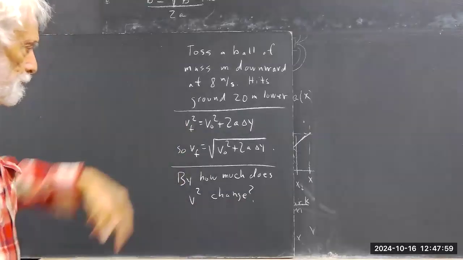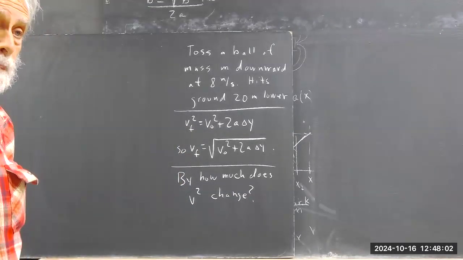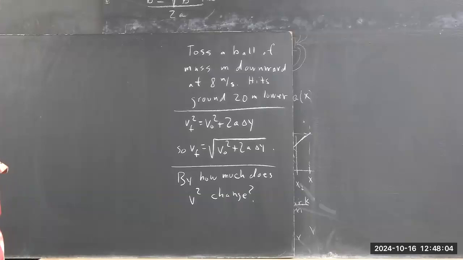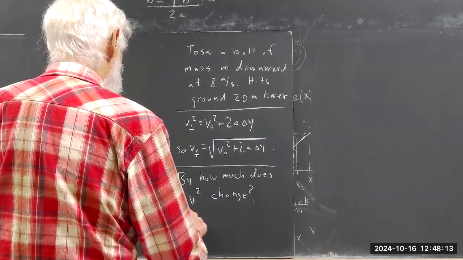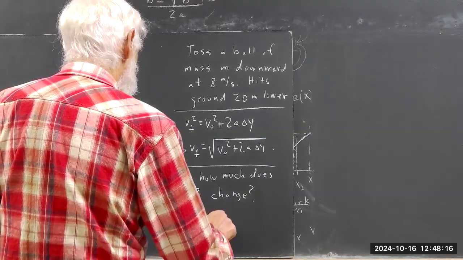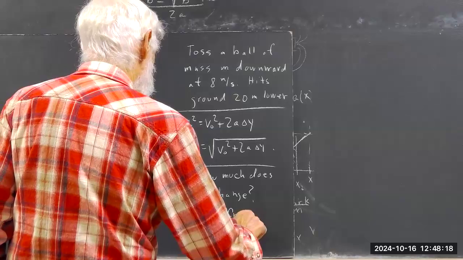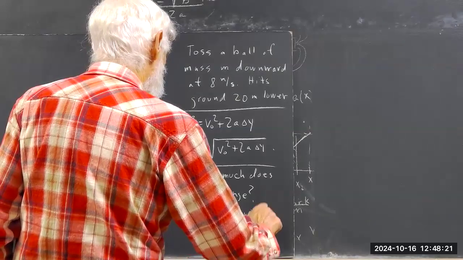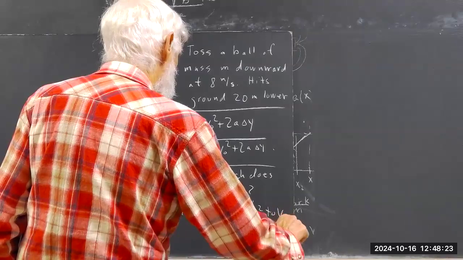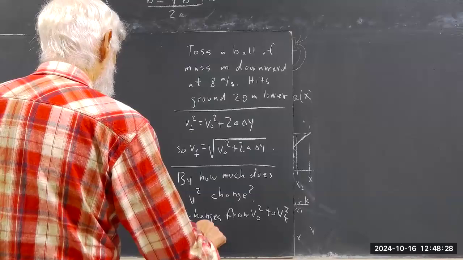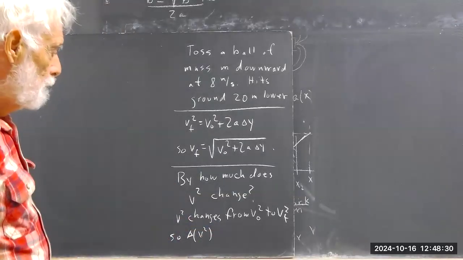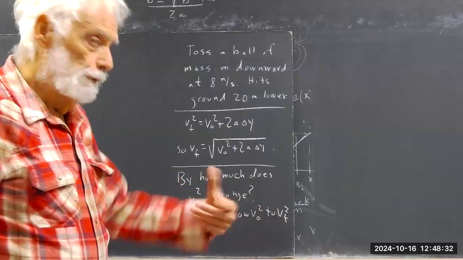But how much does v squared change when you do this? v squared changes from v naught squared to vf squared.